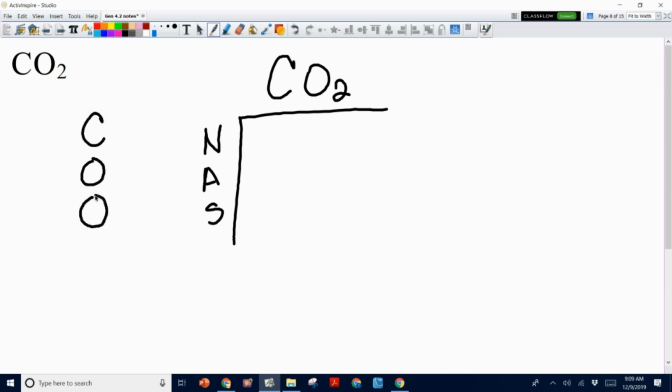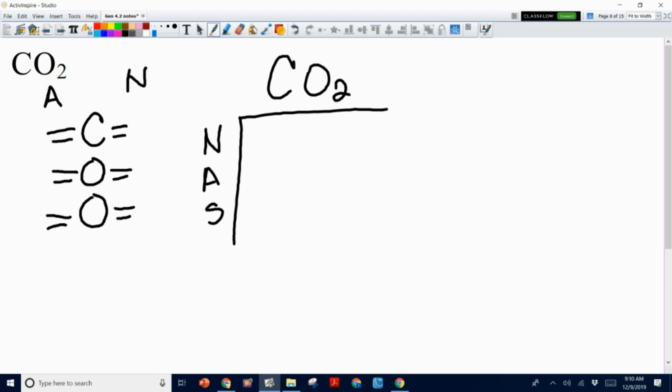So carbon dioxide has carbon and 2 oxygens. And then on one side, I will write how many are needed for a full octet. And on the other side, I'm going to write how many it actually has. Let's make these equal signs so we don't confuse those with bonds.